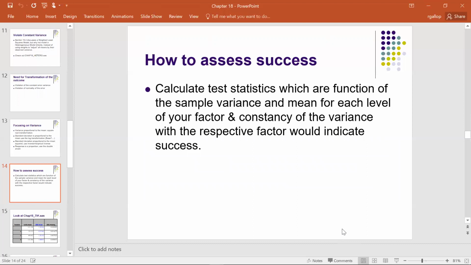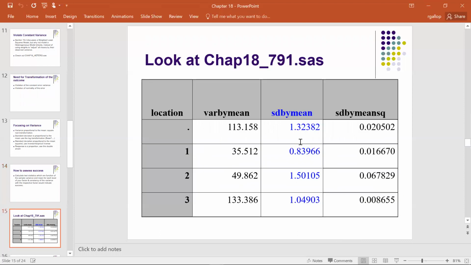So again, the book says calculate these statistics, take a look at it, and see what you have. In chapter 18, page 791, the book walks through this, and in this case you're trying to see which one has a constant, pretty similar ratio as a function of the variance by mean, standard deviation by mean, standard deviation by mean squared.